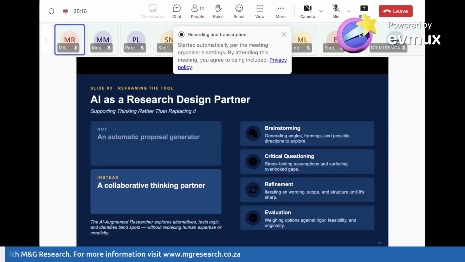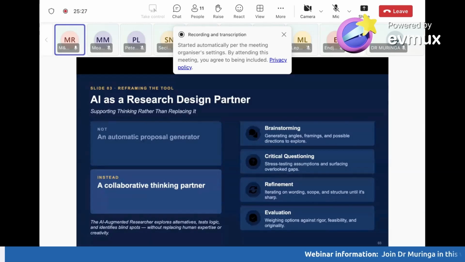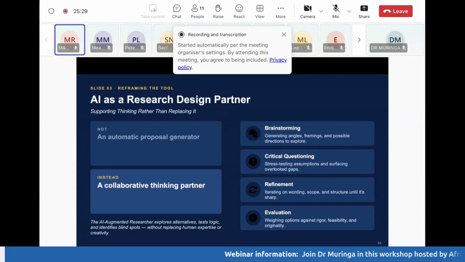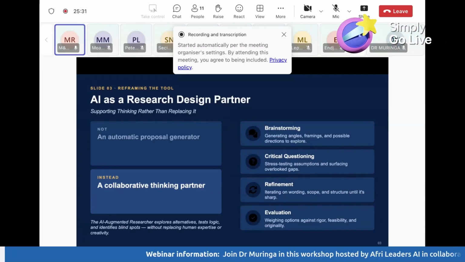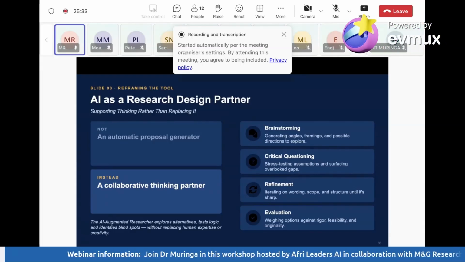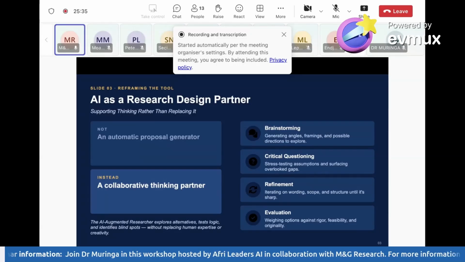So we are going through a journey of developing a proposal. And in this case, AI is our thinking partner, right? Where we feel that we do not have sufficient knowledge or information, we need to rope in AI. So the AI-augmented researcher explores alternatives.